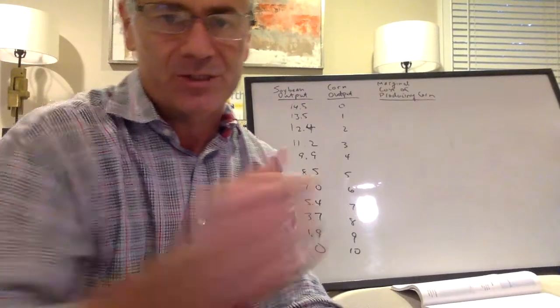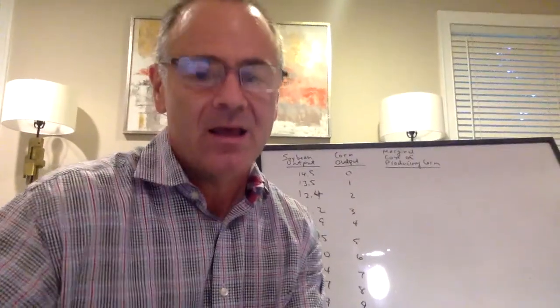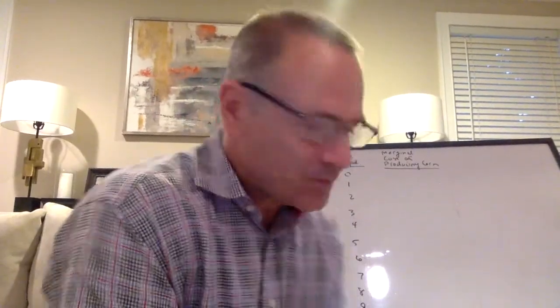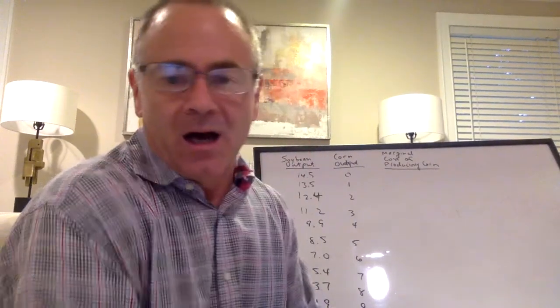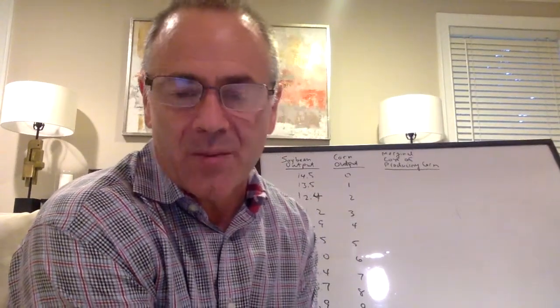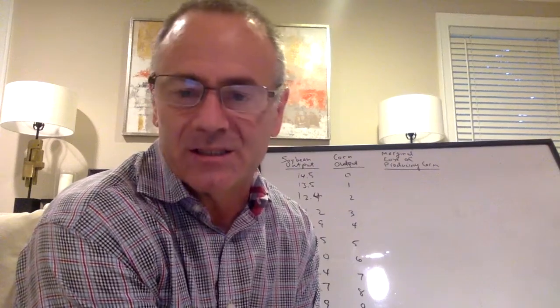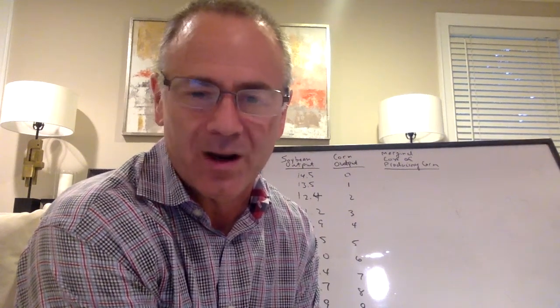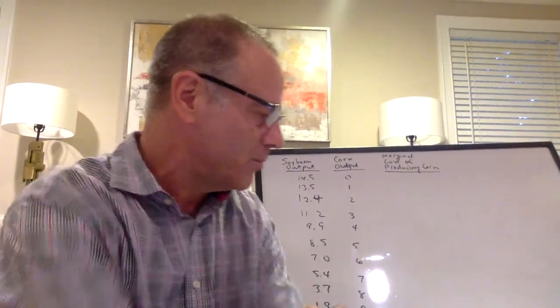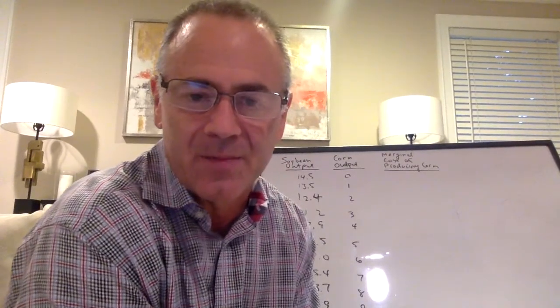I've reproduced it here. But here's what I want to do now. We're going to talk about the cost of producing corn. Now, it turns out actually that I thought the book kind of made a mistake.